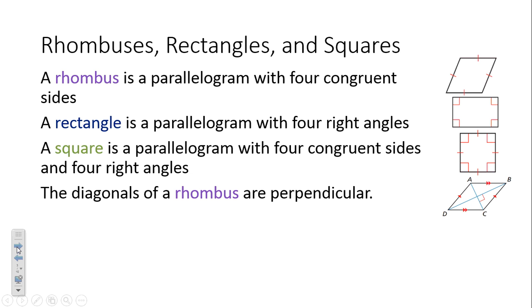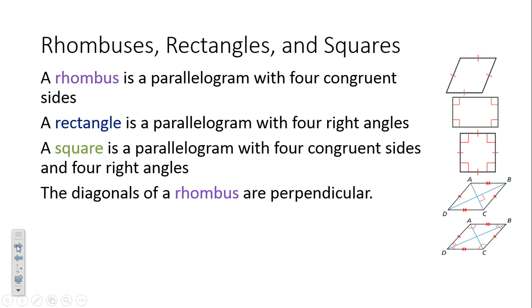That's the middle one. The diagonals of a rhombus are perpendicular, so those diagonals are going to form 4 right angles within the figure.